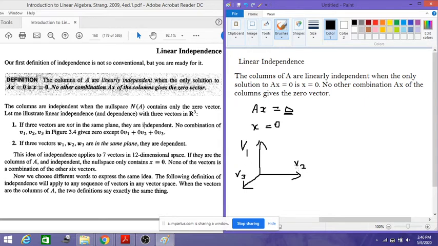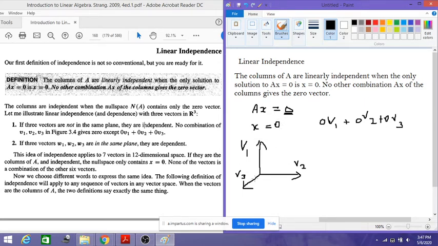If the vectors are in 3 different directions, then you cannot combine them to get 0, except under only one condition. That is, we have to take 0 times v1 plus 0 times v2 plus 0 times v3 to bring it to 0, to make it equal to the right hand side, which is 0.